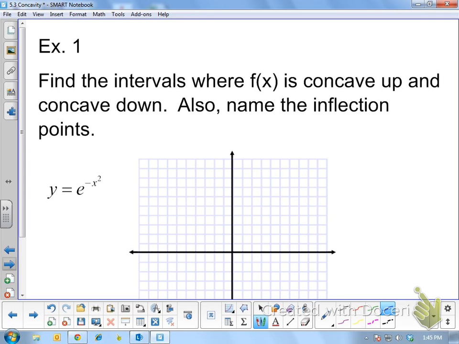This test can tell us concavity, but instead of needing just the first derivative, we need the second derivative. So if y equals e to the negative x squared, what rule am I going to have to use to take the first derivative? Chain rule. Emma was correct, although very quiet. And then after chain rule, when we take the second derivative, we're going to have to do product rule and chain rule. So to get some practice taking derivatives, I'm going to have you find the first and the second derivative.